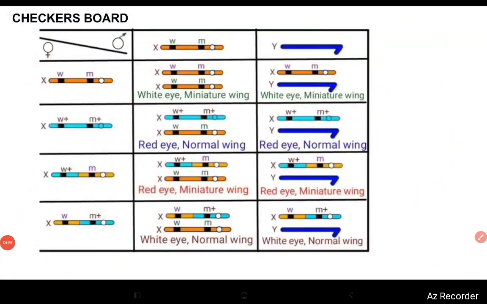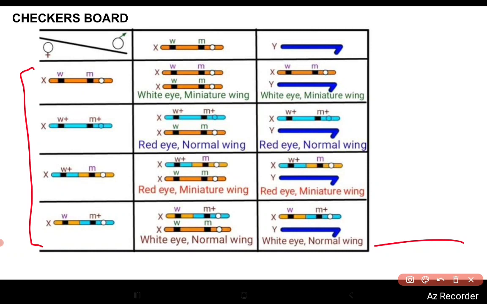So in the checkerboard, we have 4 gametes of the females and 2 gametes of the male, and the combinations that are formed include parental combinations as well as new combinations.